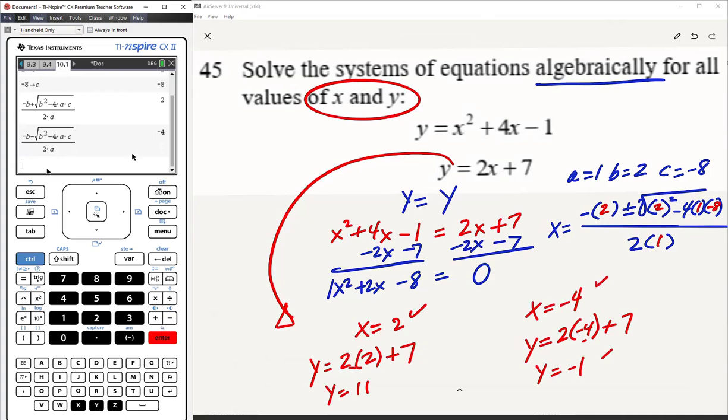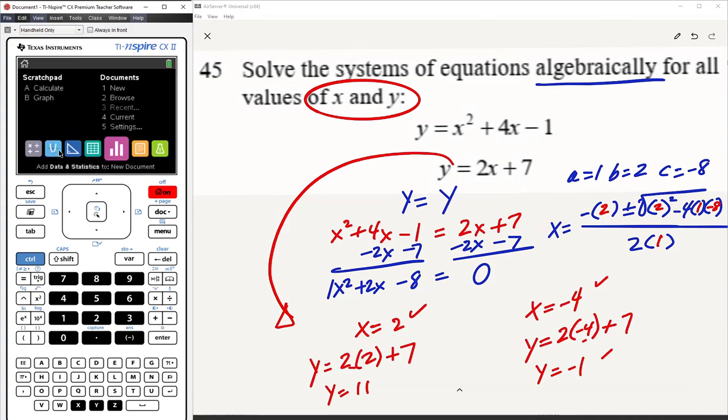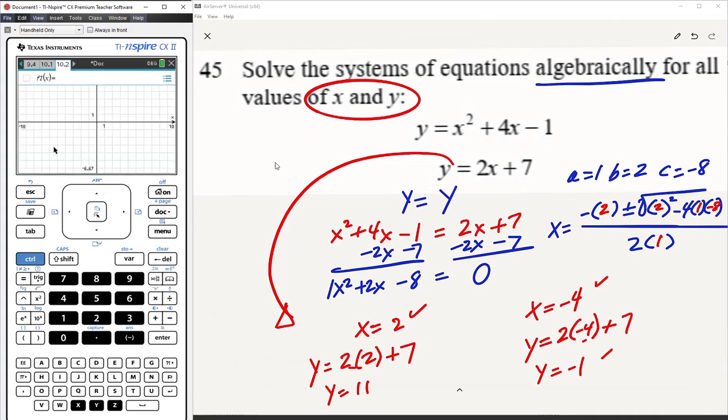Last thing, again, you've got 3 hours, so let's make sure we get these points. I'm just going to enter the two equations: x squared plus 4x minus 1, press enter, and now the second one, 2x plus 7, press enter.